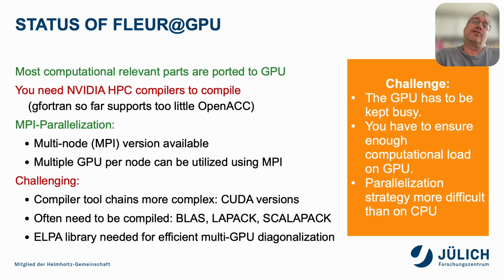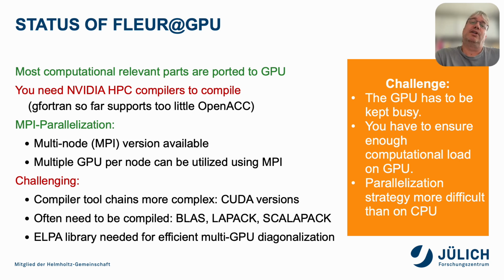Another challenge is that the GPU has to be kept busy, and this means that when you run on the GPU, you have to make sure that you really have enough computational load on the GPU. It's very bad if the GPU does not have enough data to operate on, because then this relatively low single thread performance becomes very visible, and the code does not really run fast and efficient.